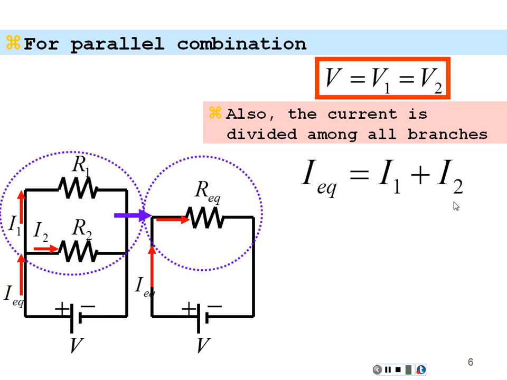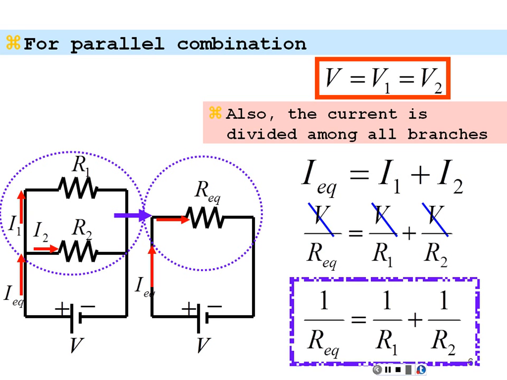Now using our definition from Ohm's law, since V equals IR, I is equal to V divided by R, and hence we have that the voltage of the battery divided by R equivalent is equal to V over R1 plus V over R2. But these voltages are all the same, and we have the same voltage on either side of the equal sign, so we can divide through by our V and get rid of our voltage, and we're left with this. 1 over R equivalent is equal to 1 over R1 plus 1 over R2.